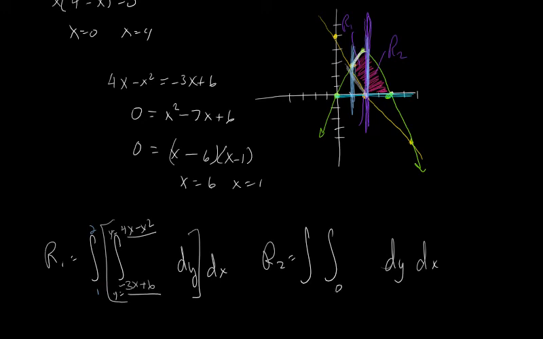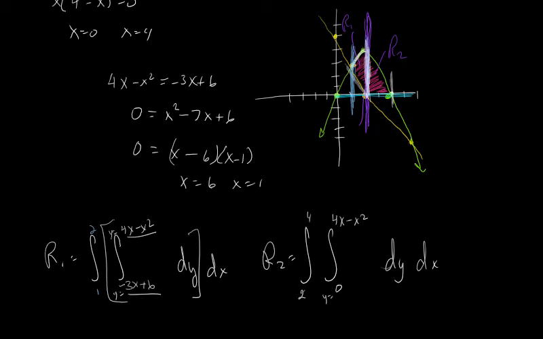So our lower boundary on y is 0, and remember these are y values. Our upper boundary is the parabola again, 4x minus x squared. Now on x, the region R2 goes as low as 2 and as high as 4. So x values run from 2 to 4. So we set that up.